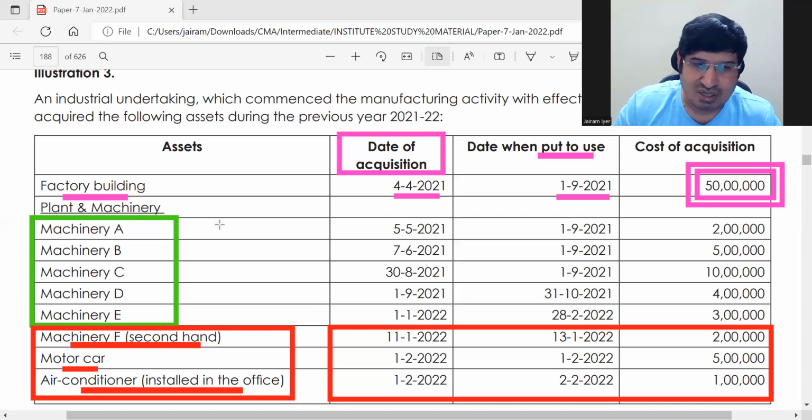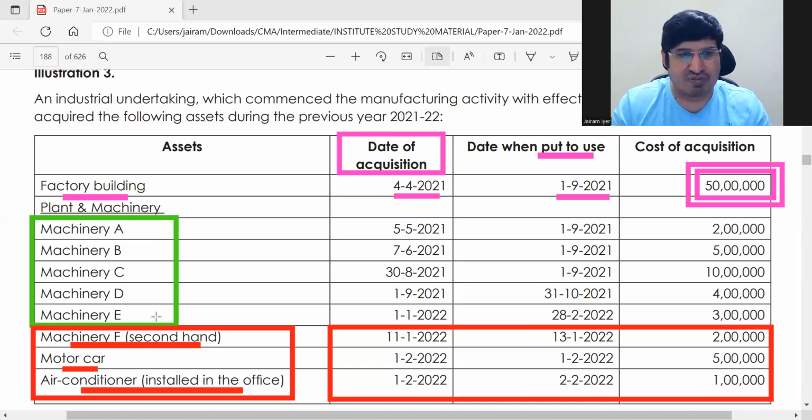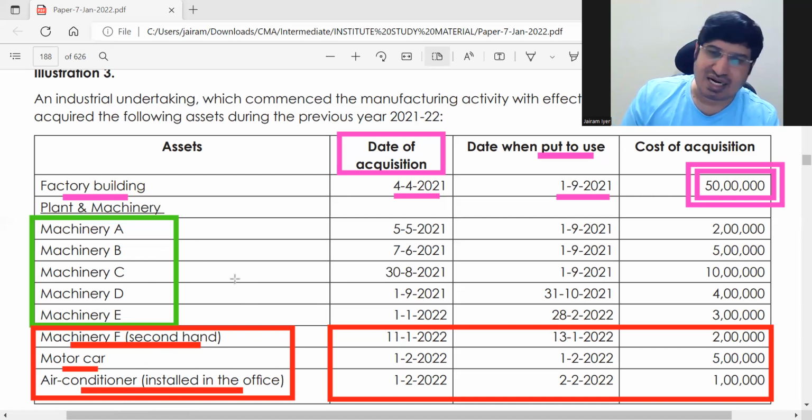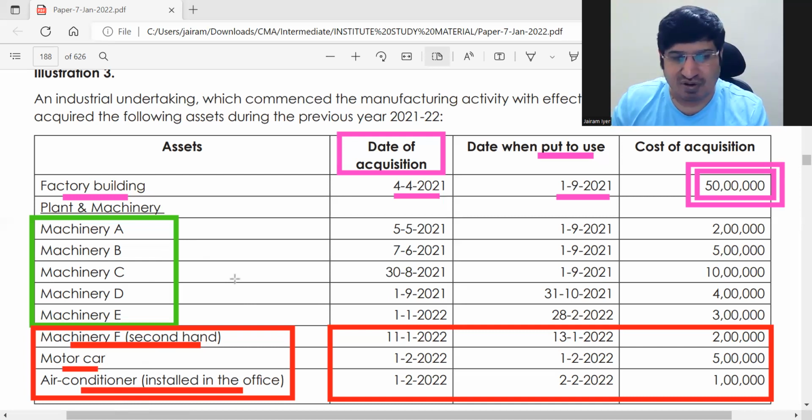Now here, the general rate of machinery is 15%. Because they have not given us any rate, we can assume that all this will come under your general rate. So one assumption will be that the rate of all this will be 15%. Otherwise, the percentage of depreciation will be given in the problem.